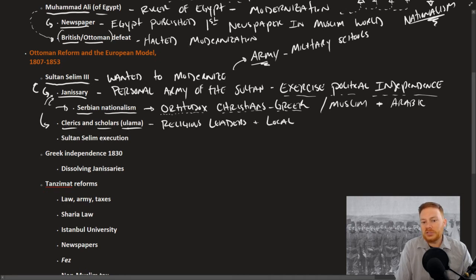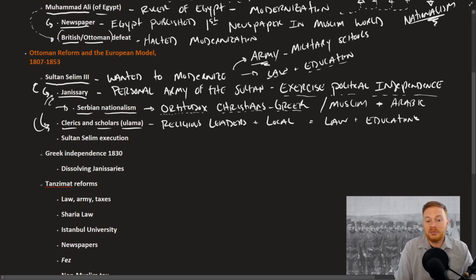And what religious leaders and scholars have pretty much a monopoly on is the law code and education. And one of the things about modernization is to make the law code modern and to make education modern. Because the Sultan wants to change these things, it is a threat to the clerics and the scholars. And for that, Sultan Selim was ultimately not successful.